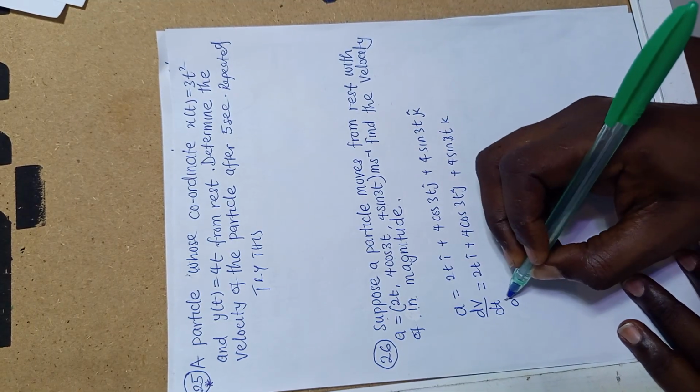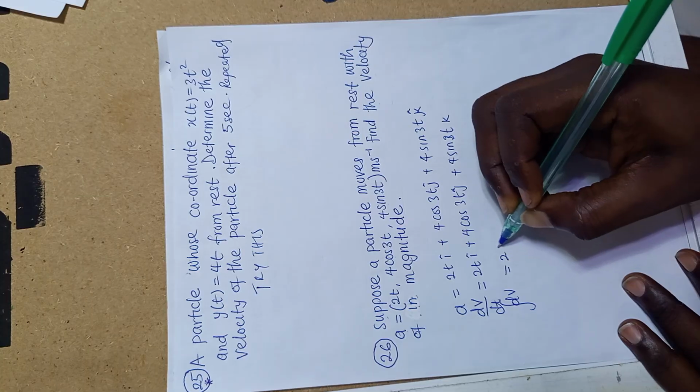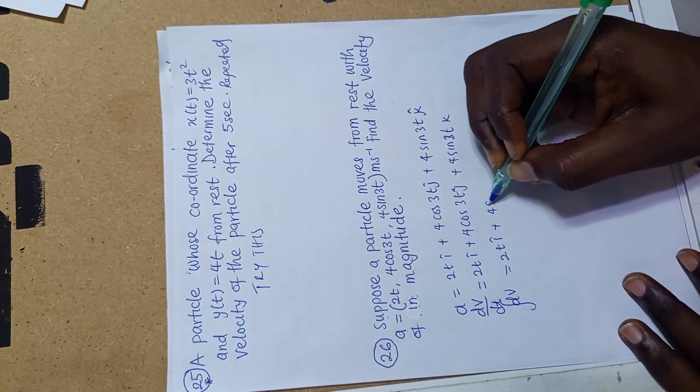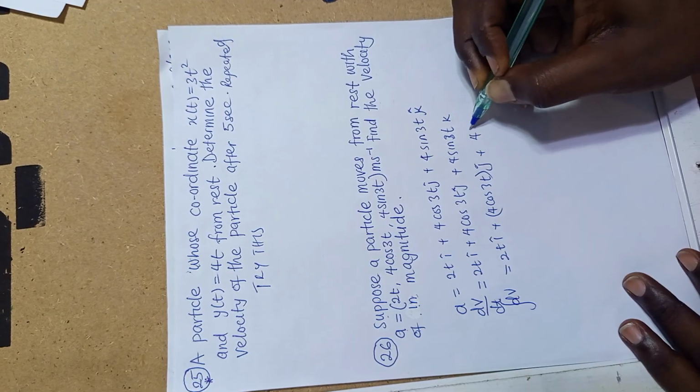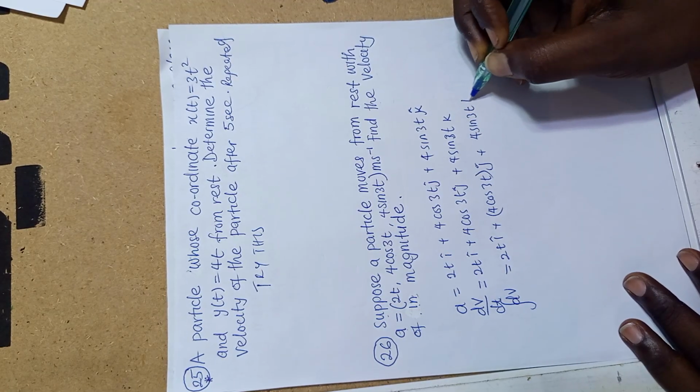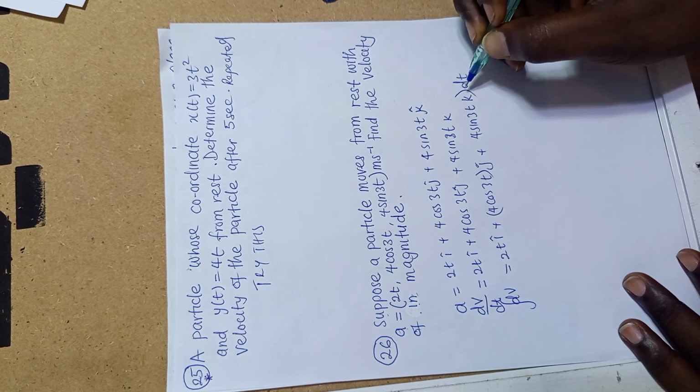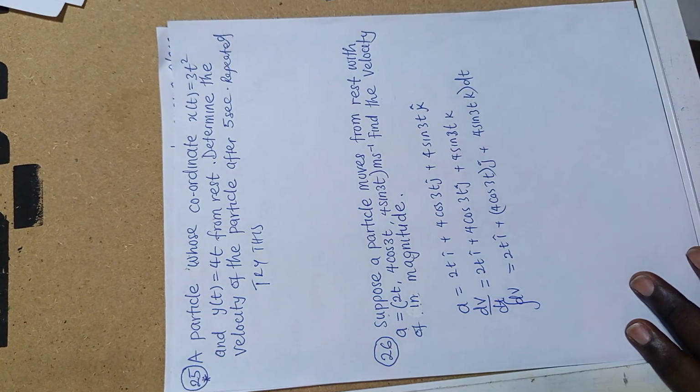Then you can take it to the other side, and dv integral becomes 2t i plus 4 cos 3t j plus 4 sin 3t k, with respect to dt.